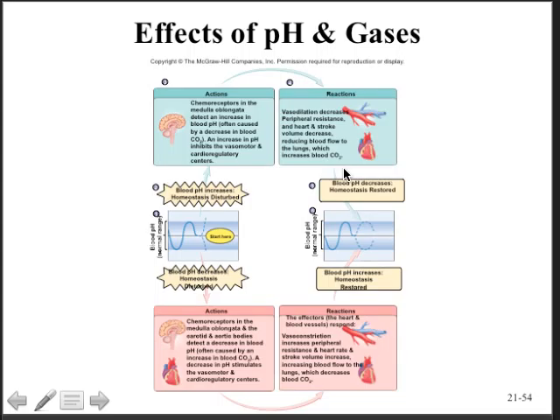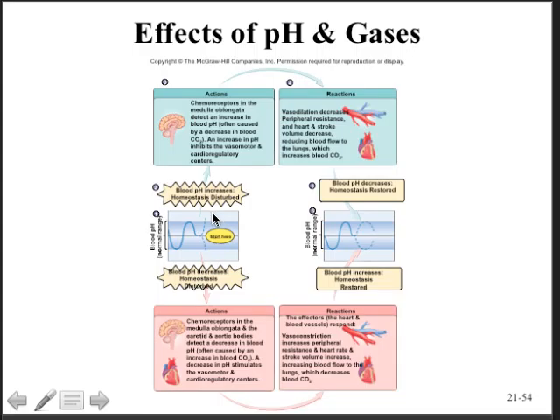Okay, how is this going to be affected at the level of the vessels? Well, if we look here, you can see if we start at the top of the cue, we begin with blood pH increasing as a result of homeostasis being disturbed. So what's happening when your blood pH is increasing? Well, this is the result essentially of a loss of protons.